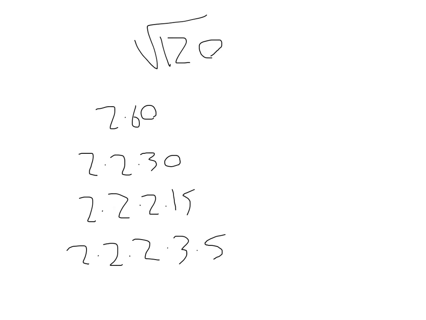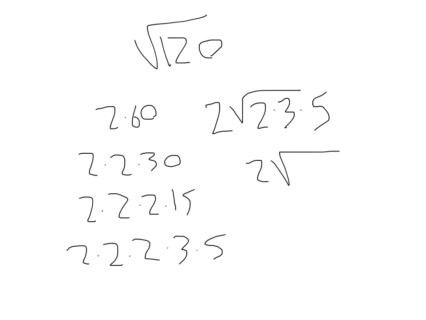And those are all prime numbers. So now we know that this comes down to 2 root 2 times 3 times 5, which is 2 root 30. And there we have it. That's the simplified version of 120.